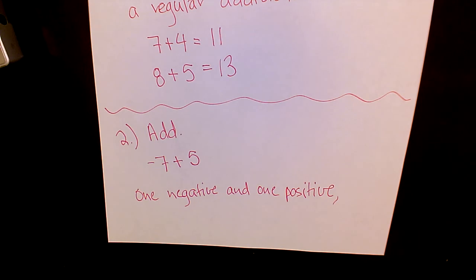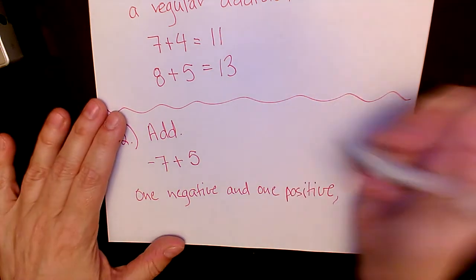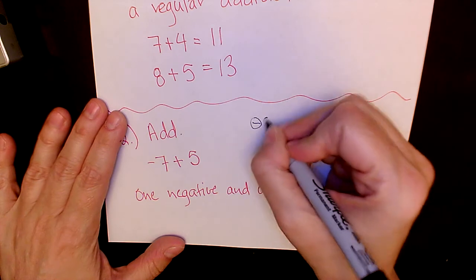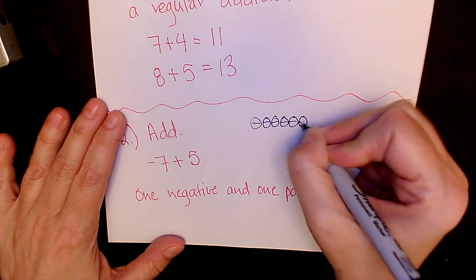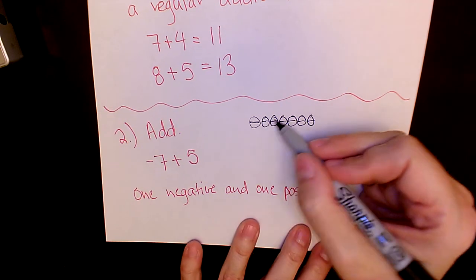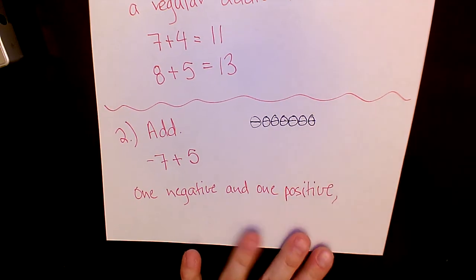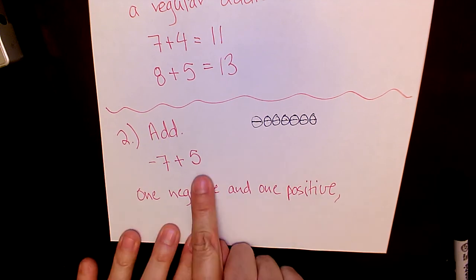I can draw them out. Let me draw it out first. Negatives I'm going to use black. So these are negative: 1, 2, 3, 4, 5, 6, 7 negatives. And then I've got 5 positives.